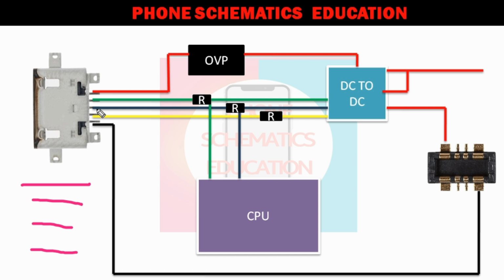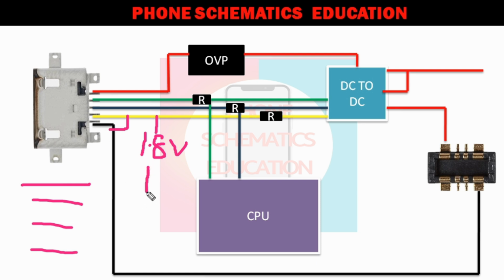When you connect the OTG, your phone has 5 lines. Now how does the OTG connect? On this line, you will get 1.8 volt before connecting any type of charger or OTG. But when you connect an OTG with 4 points, right? This line is directly connected, or shorted, to the ground line.